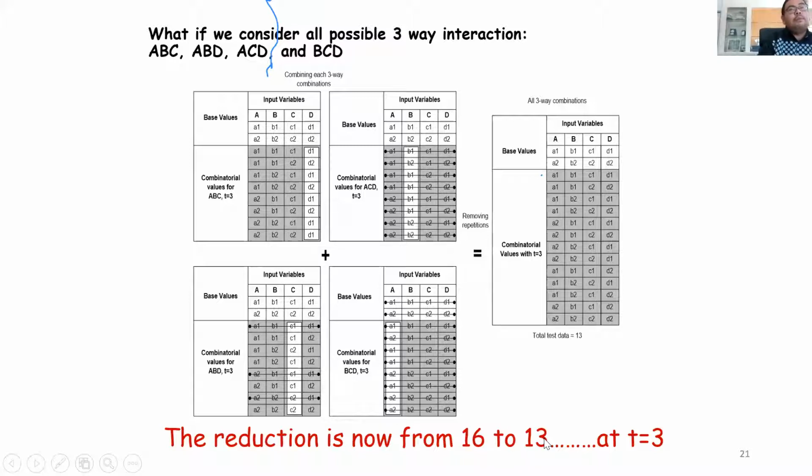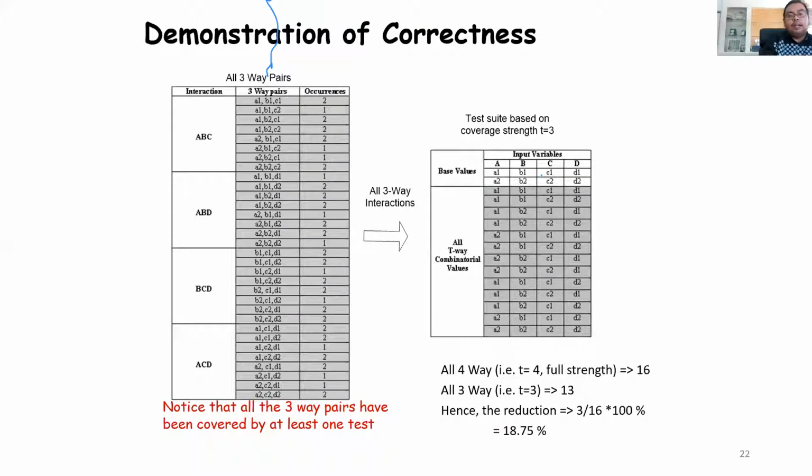That means when you compromise the interaction strength, you can reduce the test cases further, originally from 16, now you become 13. When you do demonstration of correctness, you find that when you need A1, B1, C1, 3 pair, all the 3 pairs have to be covered, and you see, yes, indeed, all the 3 pairs are covered by these test cases.